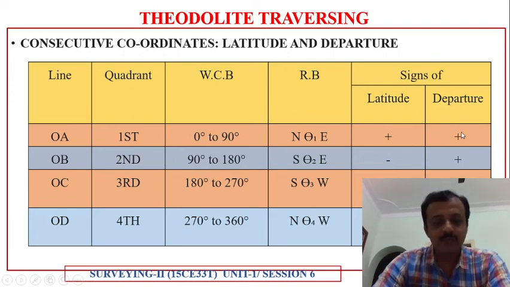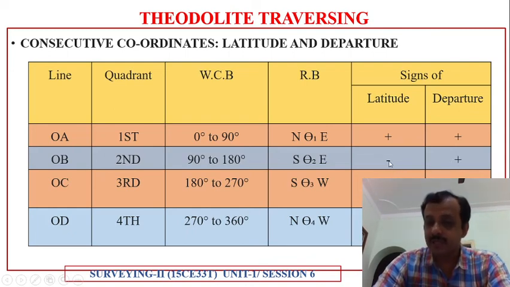If it is in the second quadrant, that is south theta 2 degrees towards east, the angle lies between 90 and 180 in whole circle bearing. In the second quadrant, latitude is negative and departure is positive.